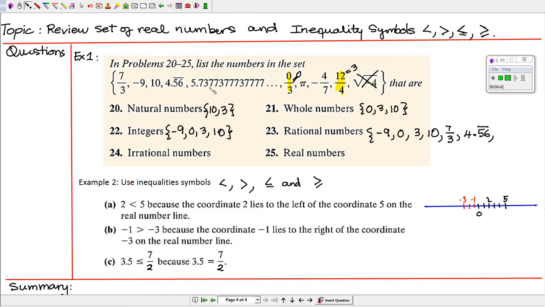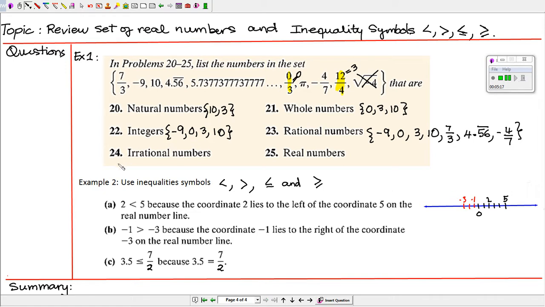And then this other number, even though it is a decimal number, you can see that its decimal places don't repeat. So we cannot list this number in the set of rational numbers. So we skip this number. The pi is an irrational number because we cannot write pi as a fraction, but we have negative 4 over 7, and then the 3 we have here, so that's it.